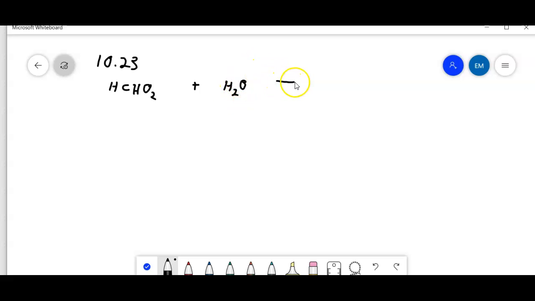And it's going to be, the double-headed arrow is going to give you CHO2 minus plus H3O plus. And this is going to be aqueous. This is going to be liquid. This is going to be aqueous. And this is going to be aqueous.